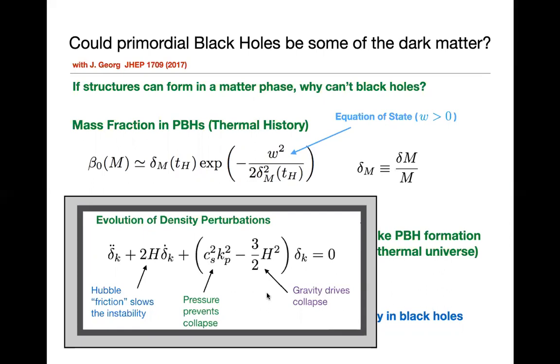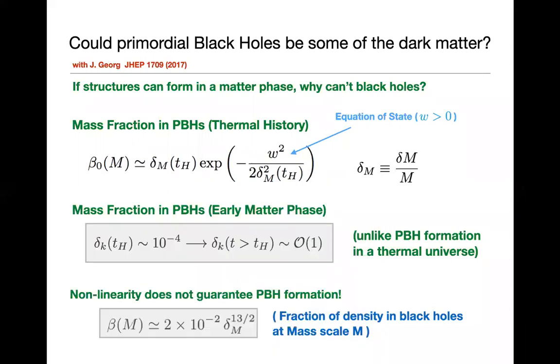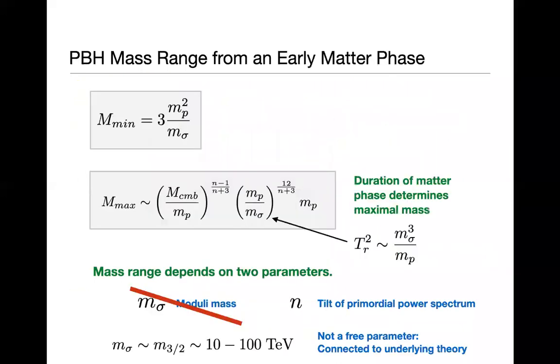And essentially you need a mode that's just large and collapses and forms a black hole. But what's interesting in a matter phase, which was first pointed out by Zeldovich and Khlopov and collaborators, is that in a matter phase, these things can grow over time because you don't have the Jeans pressure to prevent them from collapse.